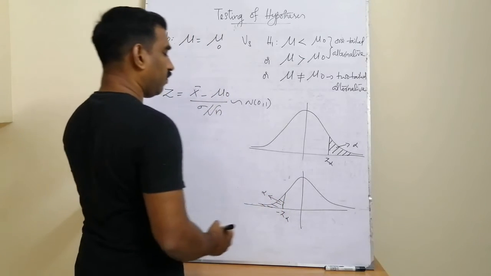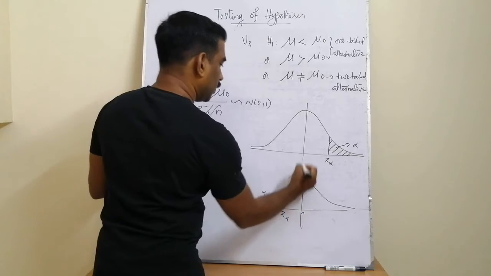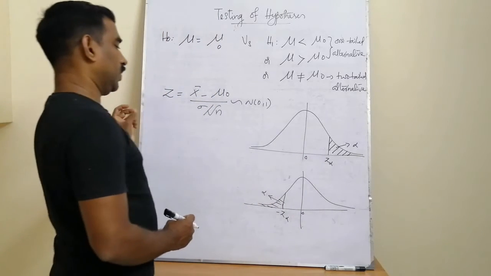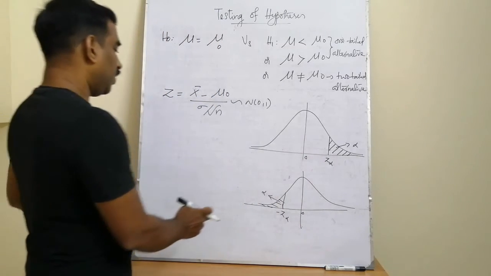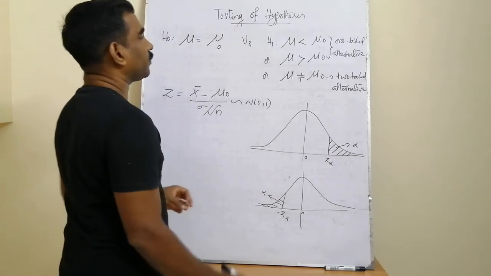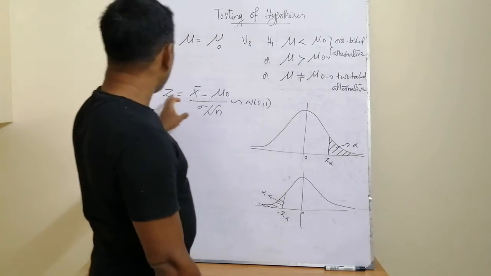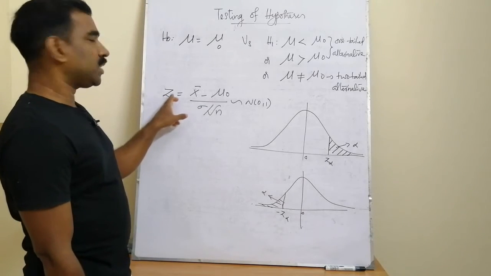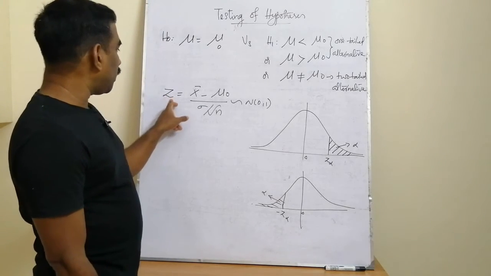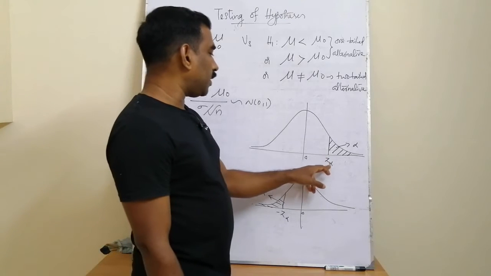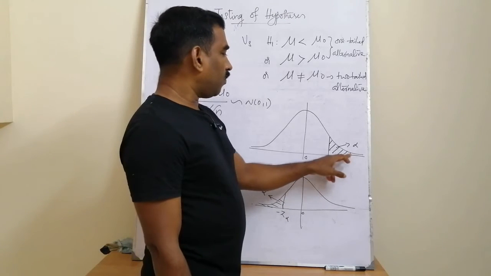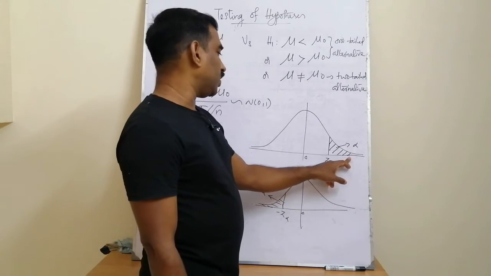This is also alpha, z is equal to 0, and here also z equal to 0. So these are the two different cases for one-tailed alternative cases. Whenever this computed value, the test statistic value, of z is greater than this fixed number z alpha, we will reject the null hypothesis.